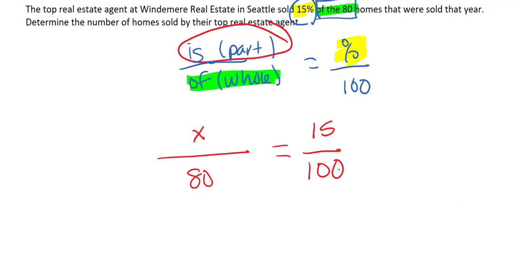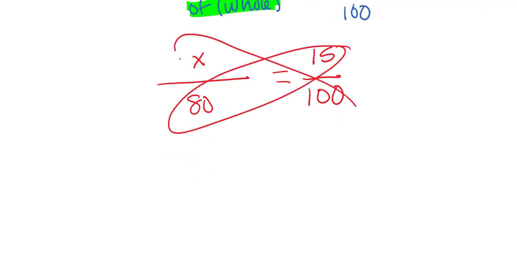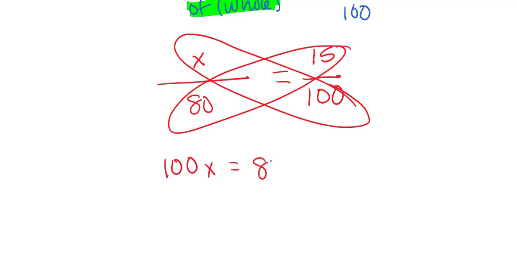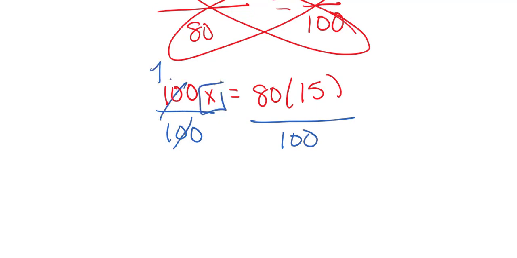As you can see, the ratios are equal to one another, and that's another way to think about them. In order to solve, we do this cross multiply. So we have 100x, which is equal to 80 times 15. And we divide by 100 on both sides. It gets x by itself.